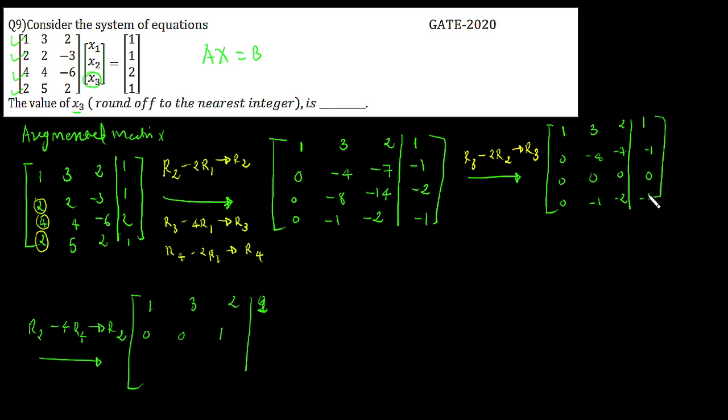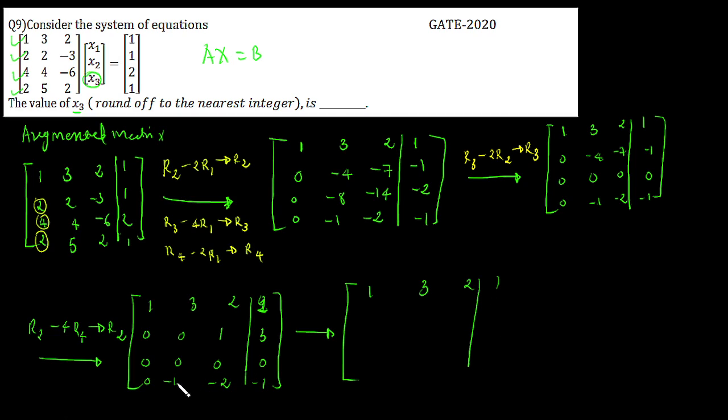And here this negative 1 multiplied with negative 4 gives plus 4, and adding to this negative 1, I can say plus 3. Now the third row remains as it is, and the last row also remains as it is. So now we have reduced this matrix into echelon form. We can further write this matrix in echelon form after interchanging some rows.